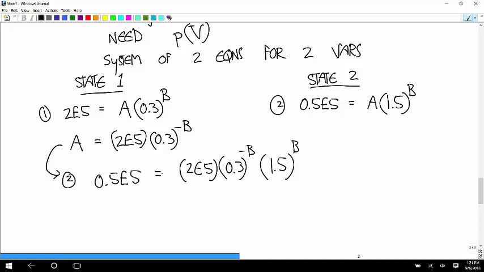And divide both sides by 2 times 10 to the 5, and you get 0.25 is equal to 1.5 to the b divided by 0.3 to the b.